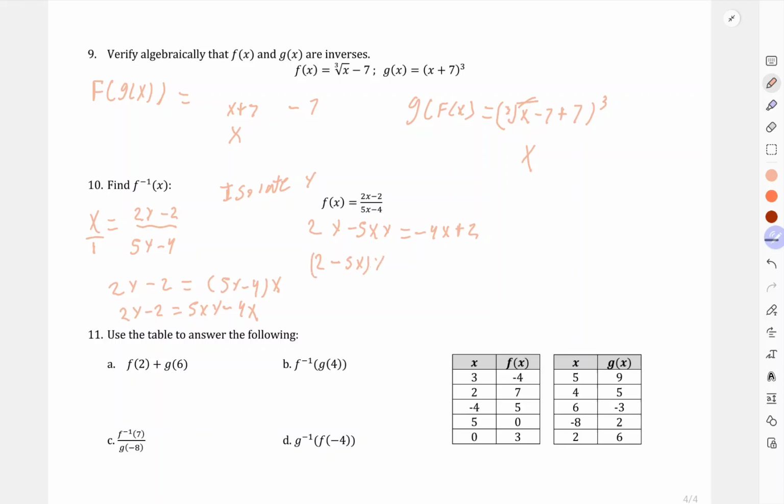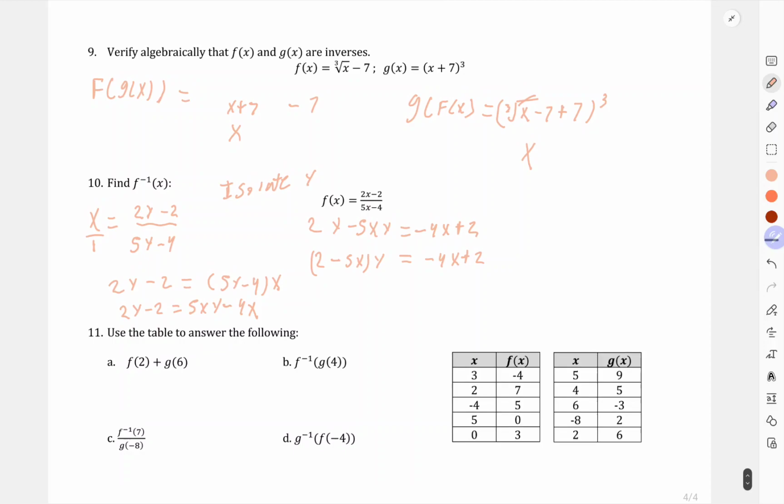So we factor out the y, and now it is equal to negative 4x plus 2. Okay, now we divide. Oh my god, how revolutionary. When you divide this by 2 negative 5x to negative 5x, okay, we got this on lock.